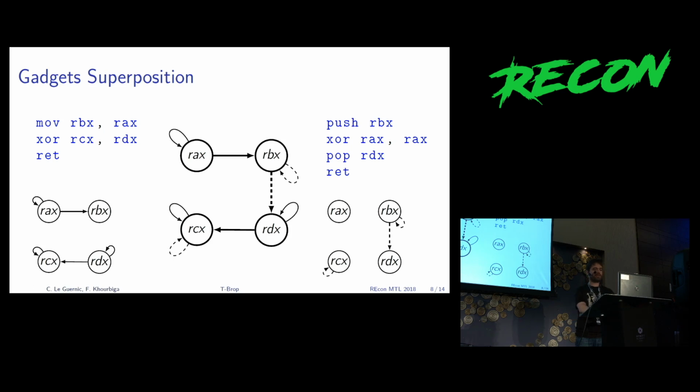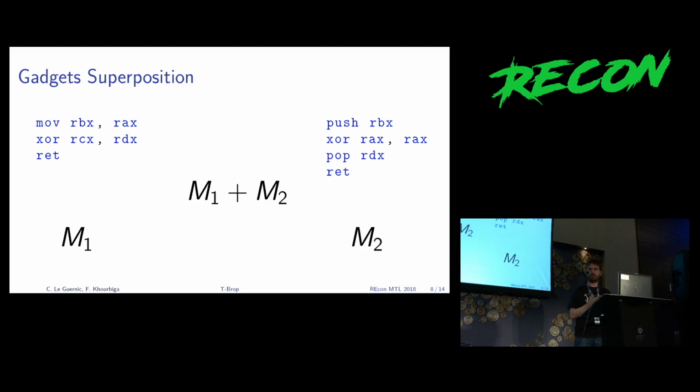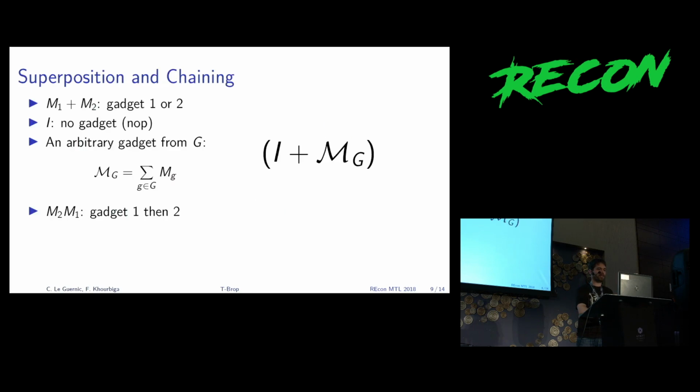And computing this graph is very easy, because if you take the matrix representation, it's just the sum of the two matrices. So here we are using Boolean matrices, so the sum is really just the disjunction component-wise of the two matrices.